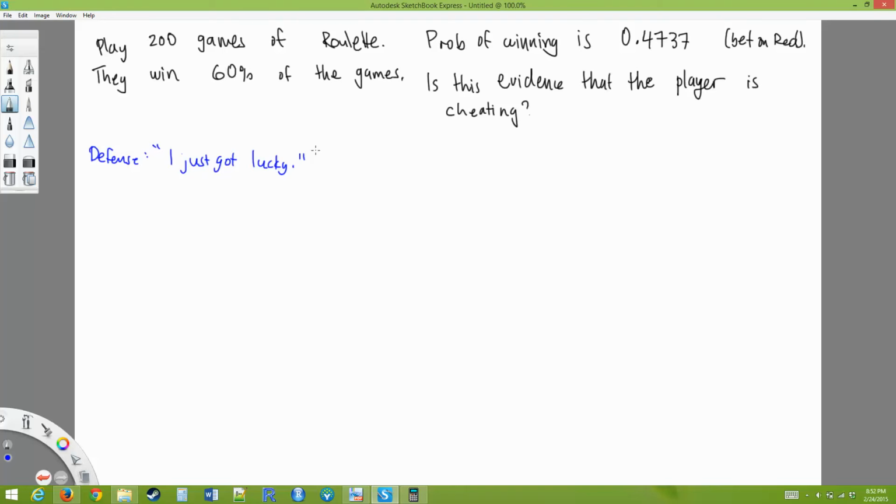And we're going to say, if you played fairly, if somebody played 200 games fairly, what's the probability that they will win 60% of the games or more? That's what we want to know. If someone plays fairly, what's the probability? If someone plays 200 games fairly, what's the probability that they will win 60% of the games or more? Let's do it. All right. You guys want to try this on your own? Okay, go.